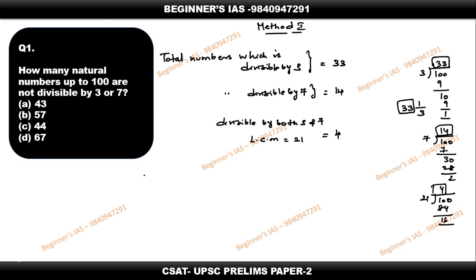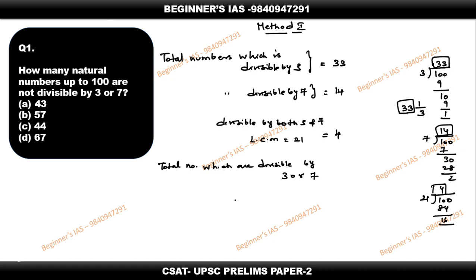So what do you need to do? You need to identify the total numbers which are divisible by 3 or 7. But be sure that the question asks for not divisible by 3 or 7. Now I am going to identify the total numbers which are divisible by 3 or 7, which means either 3 or 7.